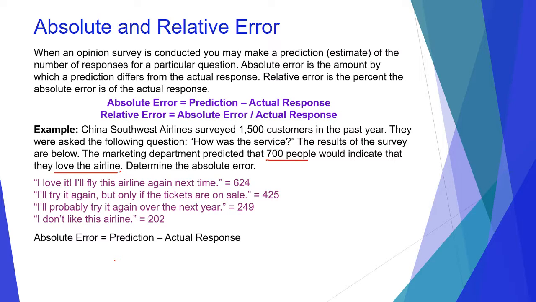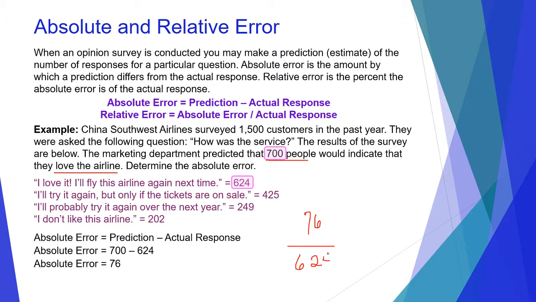So it's going to be prediction, which is 700. They predicted 700. The actual response is 624. That means the absolute error is going to be 76. If we wanted to find the relative error, we would take the absolute error, which is 76. We would divide that by the actual response. How many people actually said they love it?